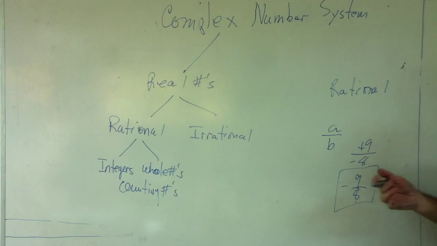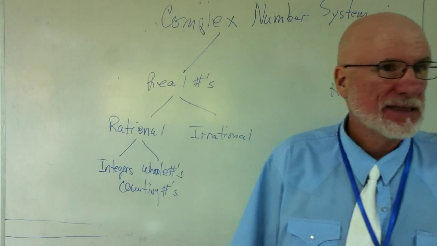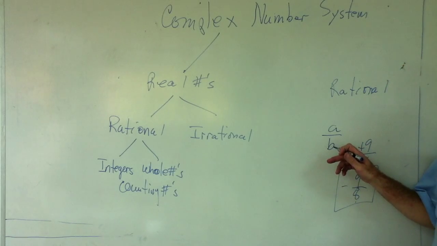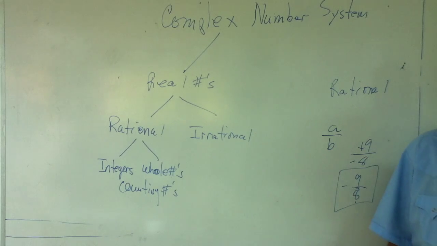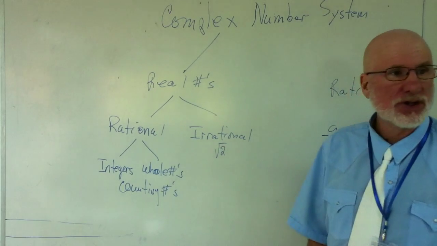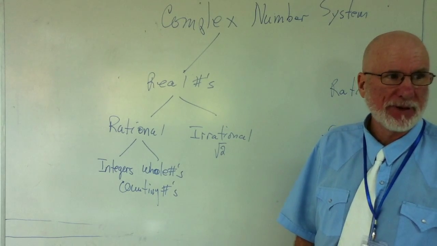An irrational number is defined as something that can't be expressed like that. You can't express it as a fraction or as division. In other words, square root of 2. What is probably the most famous irrational number? Anybody know?